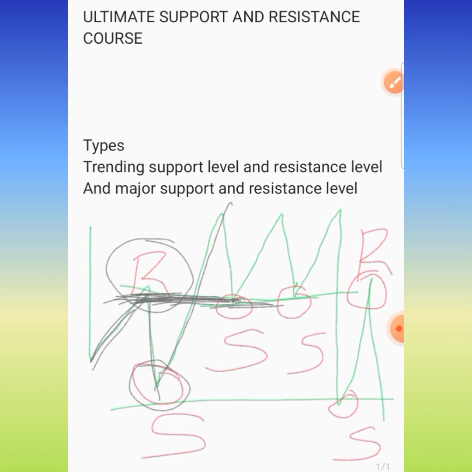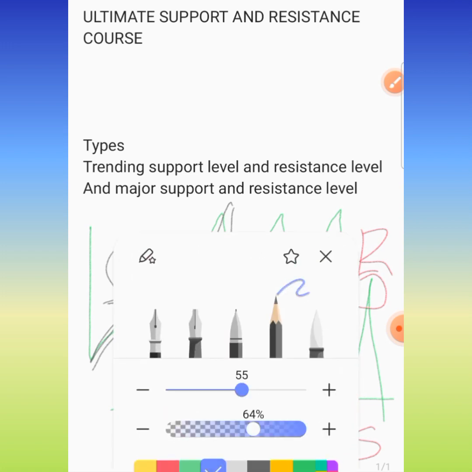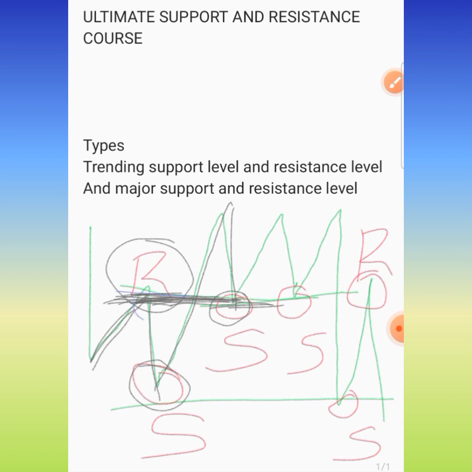It came up here and then came here, and this level that was once a support level is now acting as a resistance. This level that was once a resistance level is now acting as a support level here. That's what I mean by trending support and resistance levels. When we go to the chart, you will get the concept better.